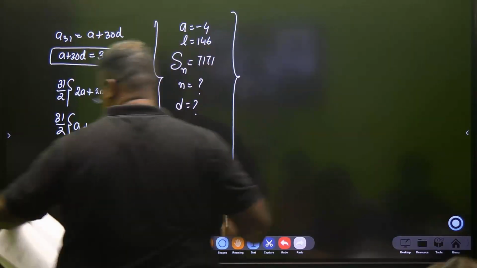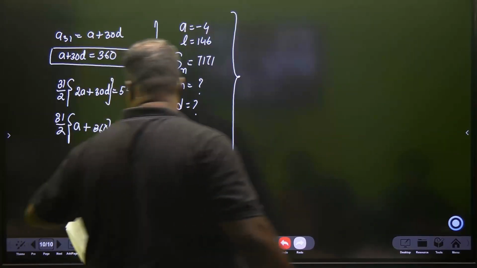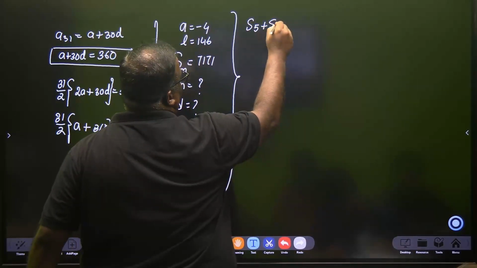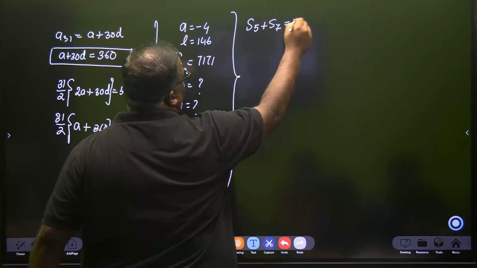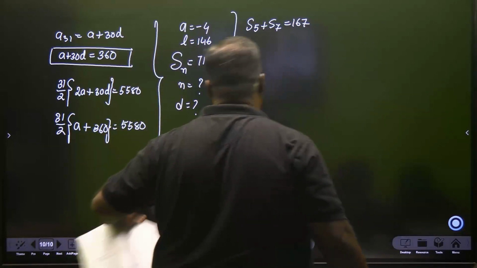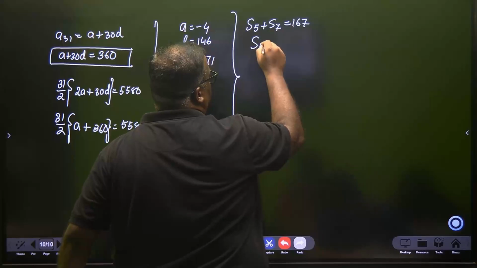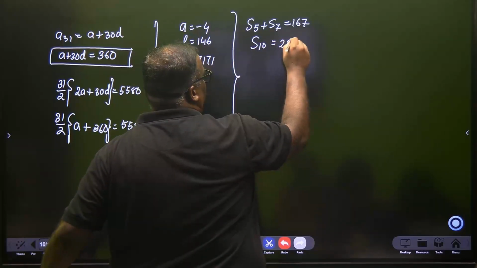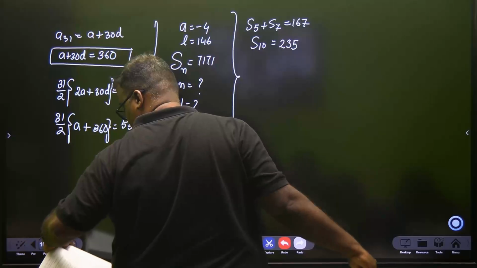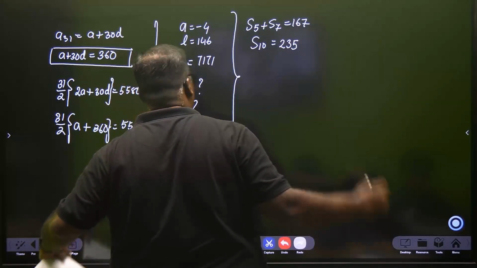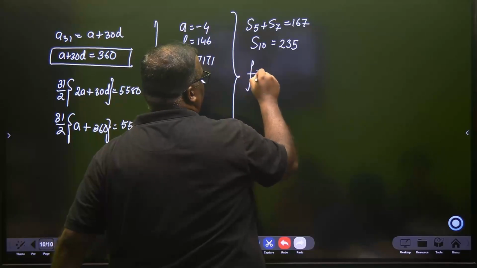I'm writing the question. We have an AP where S5 plus S7 is equal to 167, and S10 itself is equal to 235. You need to find the AP.